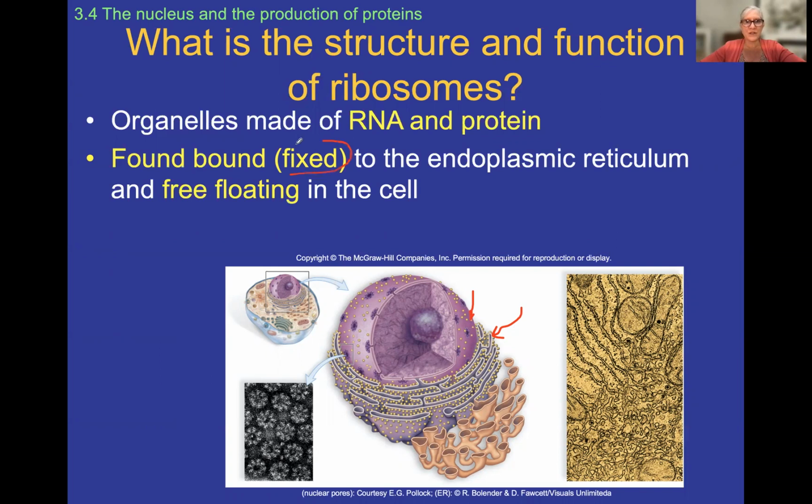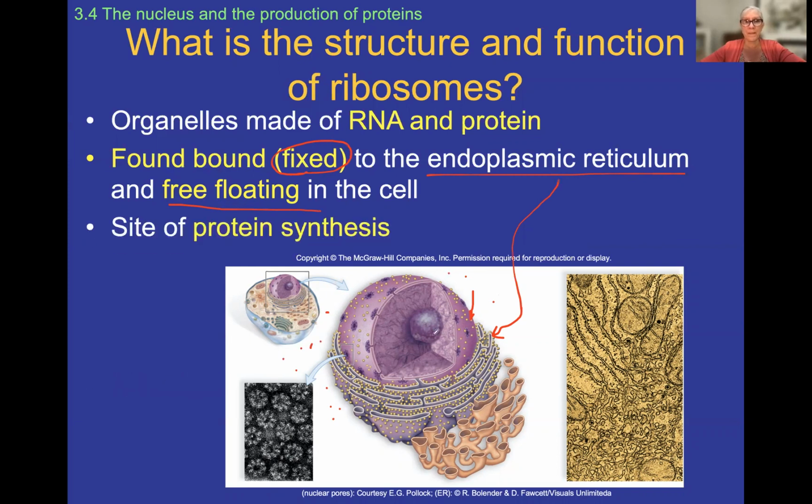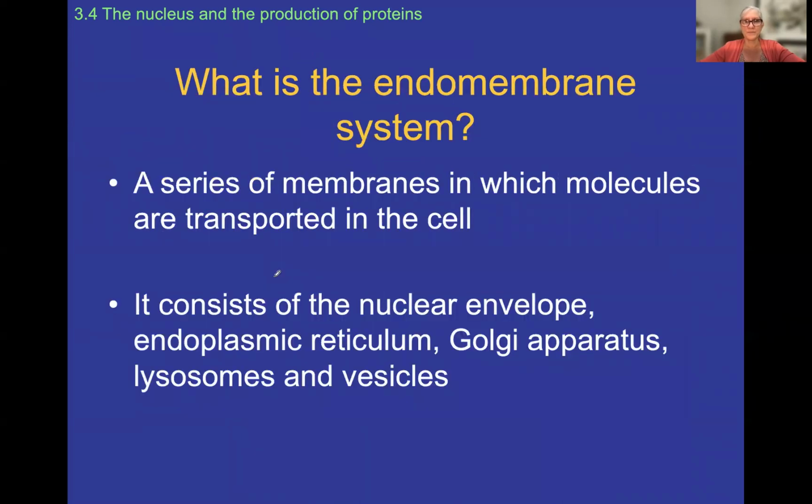They're either attached, fixed to the ER. So that's what you're seeing over here, or they're floating around in the cell. So you'd actually see ribosomes floating all over here. They're showing them on the surface of the nucleus, but all around. So what's their job? Making proteins. So they're part of the machinery to make proteins.